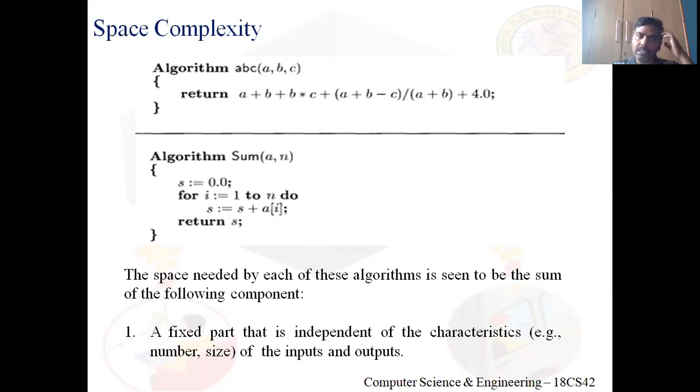When we study space complexity, we need to look at two parts. One is the fixed part, like S, I, N, the space required by them, which is always 1 unit of memory in each run. The space occupied by the array varies in each run, so the second part is the variable part.